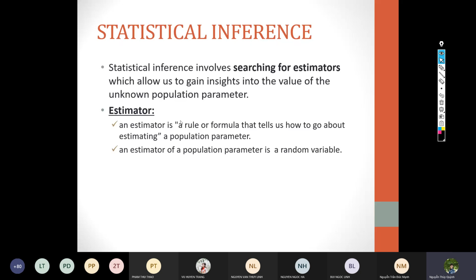You take the observed value of x1 plus the observed value of x2 and so on up to the observed value of xn, and divide by n. That is the formula to calculate the sample mean, and we call it an estimator of the population mean. So an estimator is a formula.